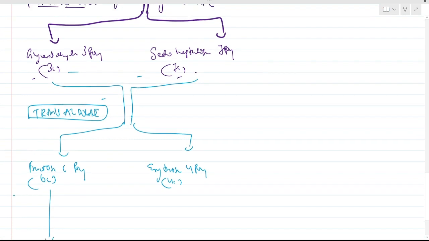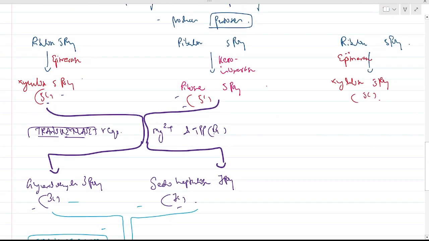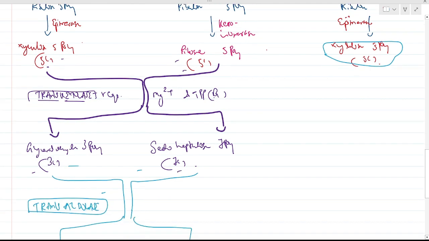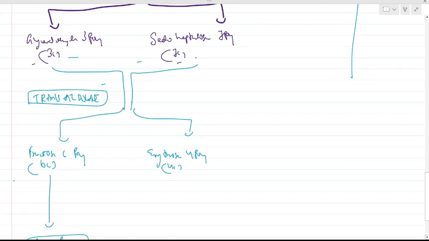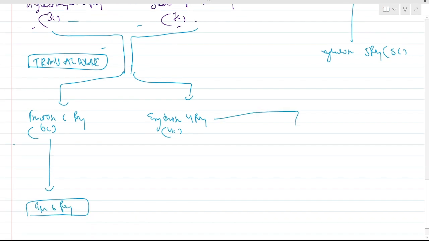Now we have seen that after the action of epimerase, the xylulose 5-phosphate 5-carbon is remaining. Now this will enter the reaction. Xylulose 5-phosphate, 5-carbon, will enter the reaction with erythrose 4-phosphate. Okay, very simple, nothing confusing here, to produce two different compounds.